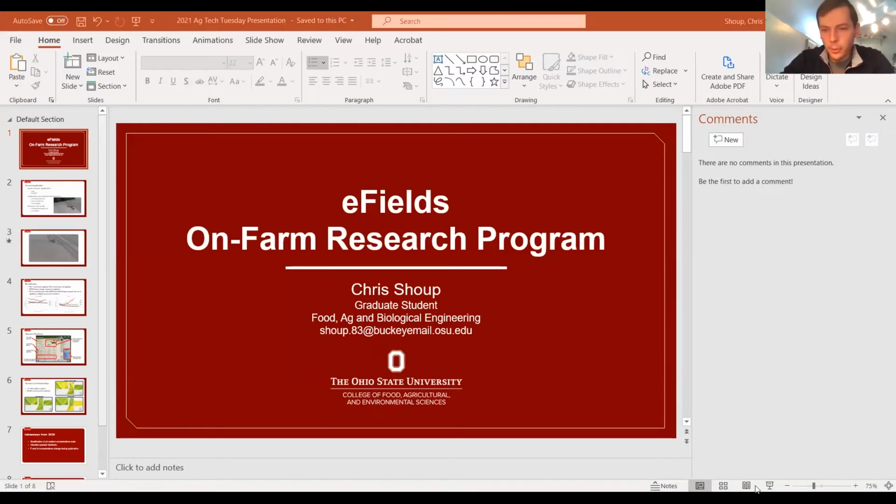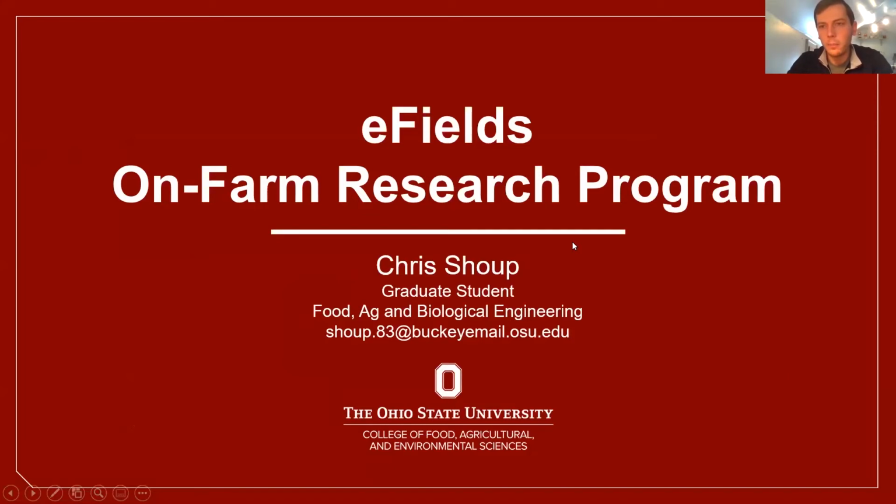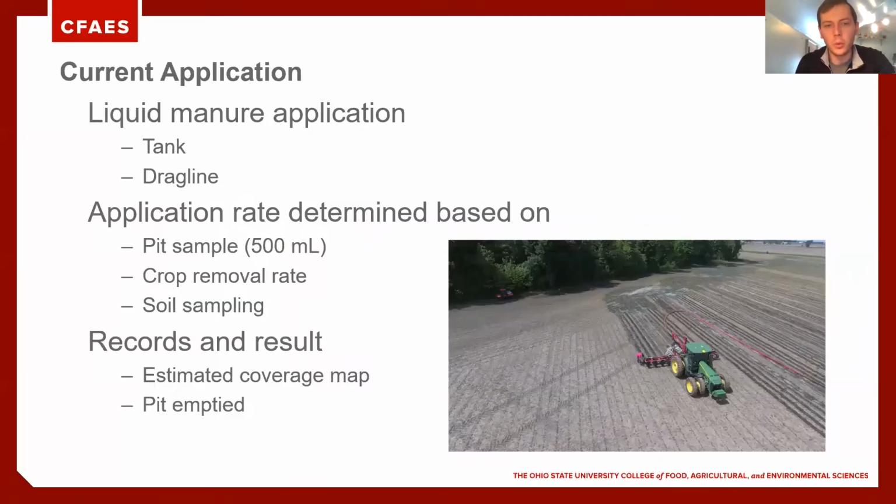So my project is how we can best optimize and utilize the new technologies on the market into manure or liquid manure application. Currently, without any of these sensors, you either tank or dragline apply your manure.